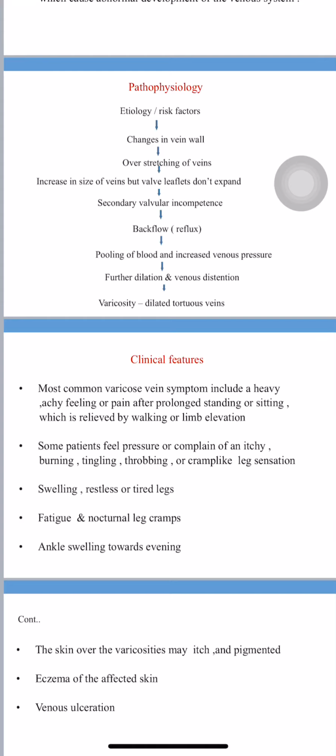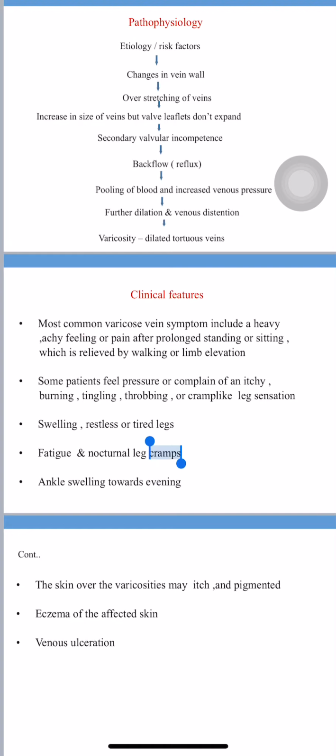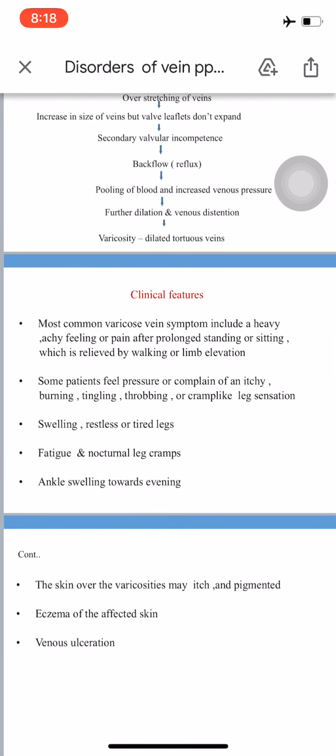Next we will move on to the clinical features of varicose vein. The most common symptoms include a heavy achy feeling or pain after prolonged standing or sitting, which can be relieved by walking or limb elevation. Some patients feel pressure or complain of itchy, burning, tingling, throbbing, or cramp-like leg sensation, and swelling, restless, or tired legs.